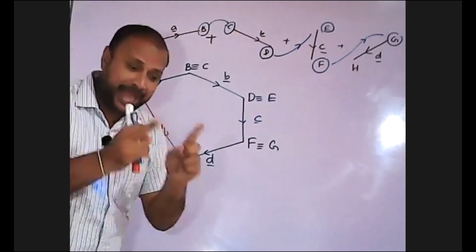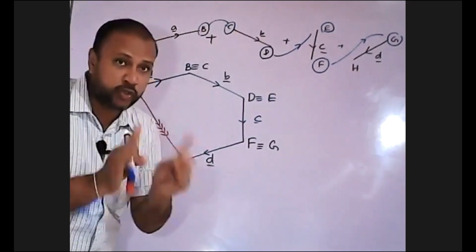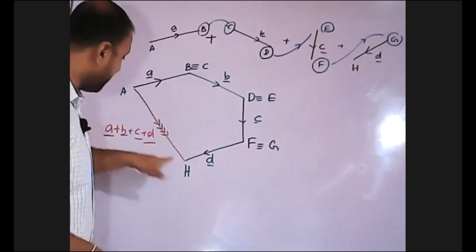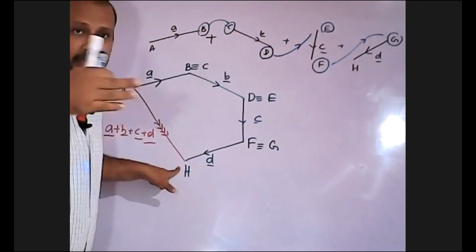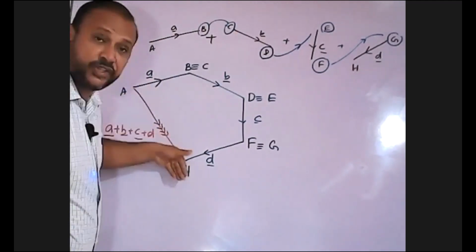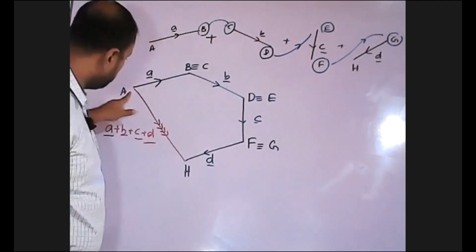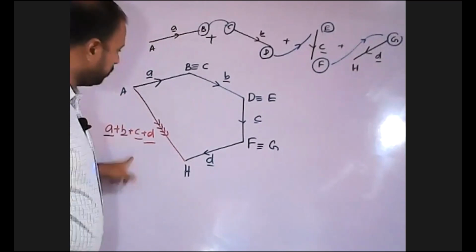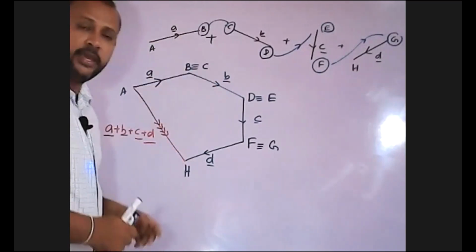Then you will have two ends. What are those two ends? The starting point of the first vector and the end point of the last vector. So you have to construct the vector from the starting point to the end point. From that vector, you will have the resultant of the vector system.